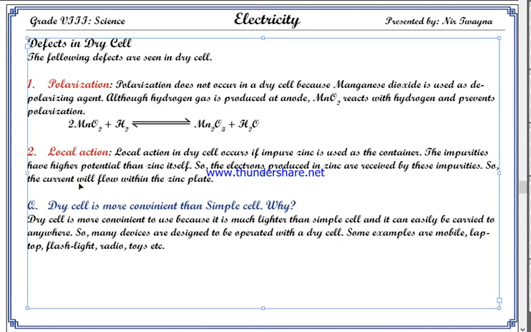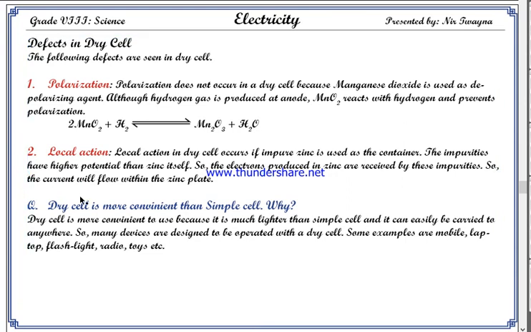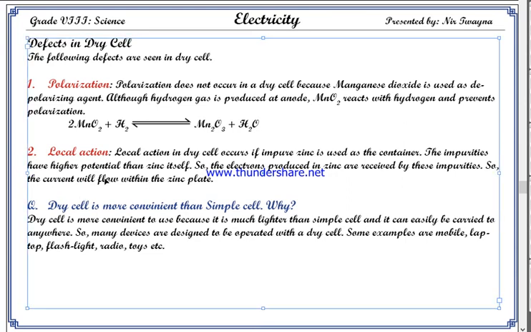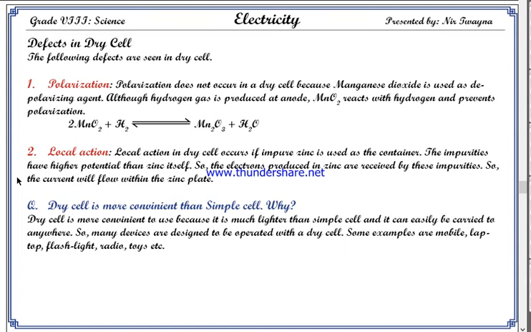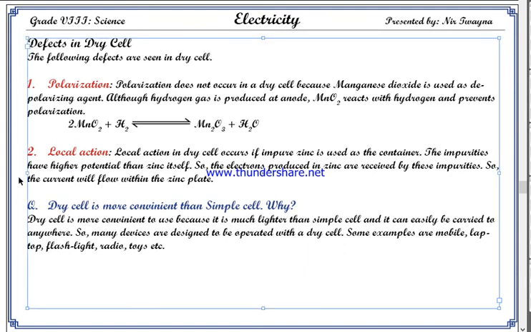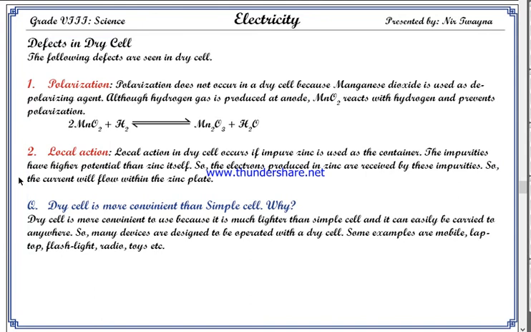Because low quality batteries use impure zinc, which is much cheaper than pure zinc, as the container. So even if you do not use them while stored, electricity will be finished, electrons will be consumed. That is about low quality batteries.